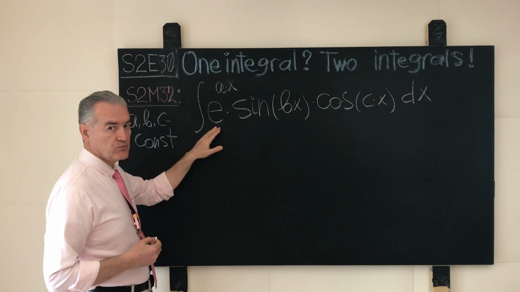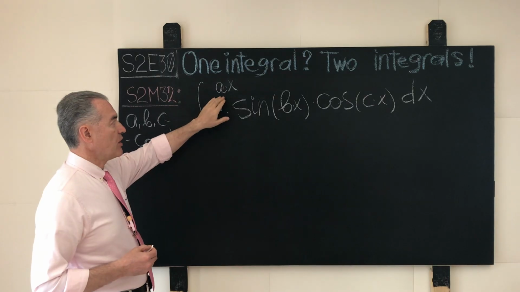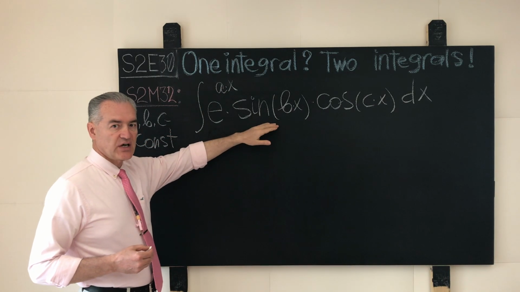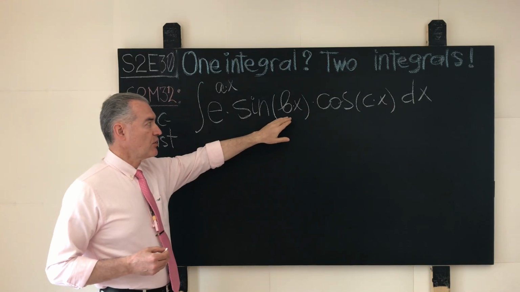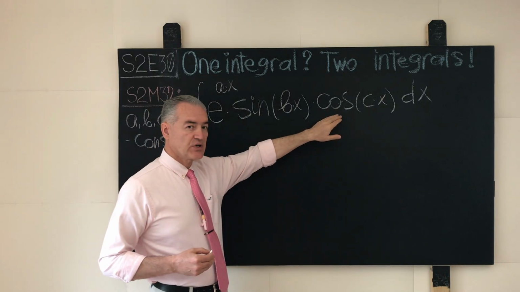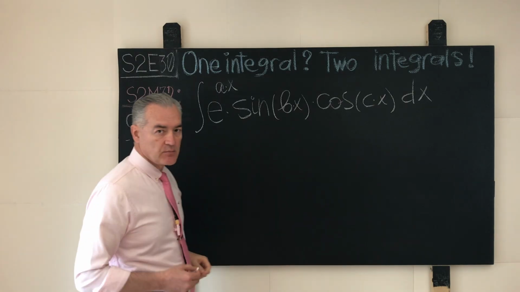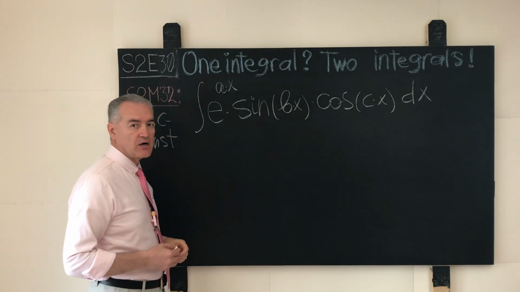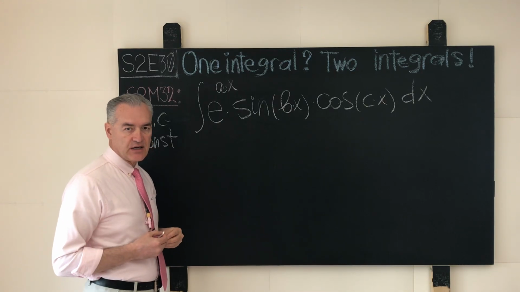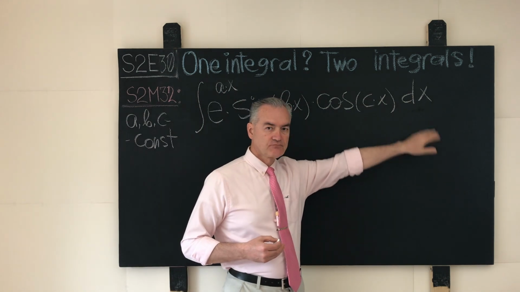It is e, which is the base of the natural logarithm, raised to the power a times x. The sine has the argument b times x, and the cosine has the argument c times x, and the numbers a, b, and c are constant real numbers, and overall the integration is carried out with respect to the dummy variable x.